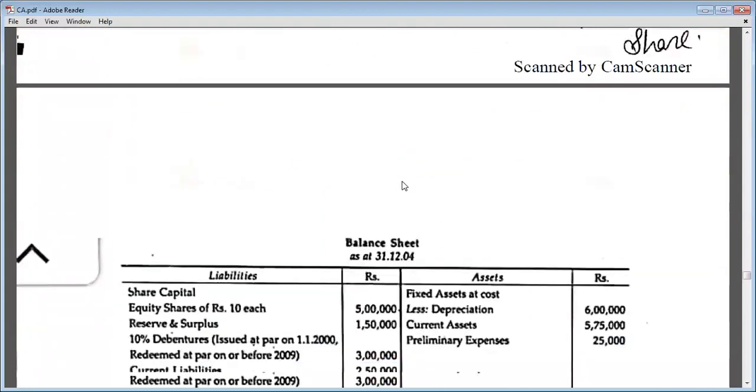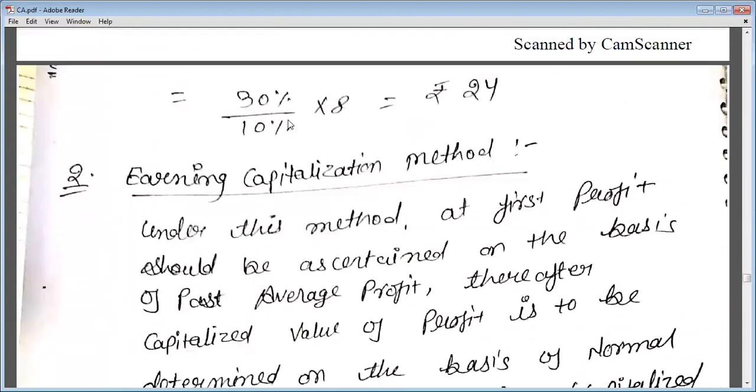That's why we multiply by 8. So 30% divided by 10% multiplied by 8. The resultant amount will be 20.